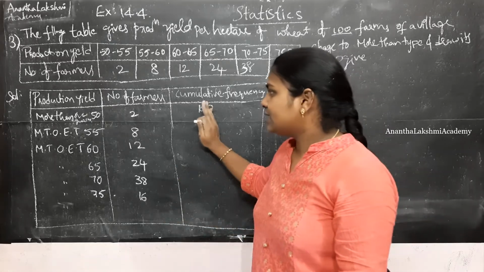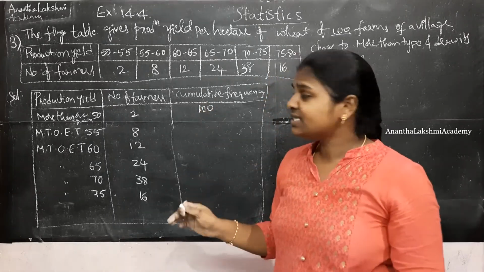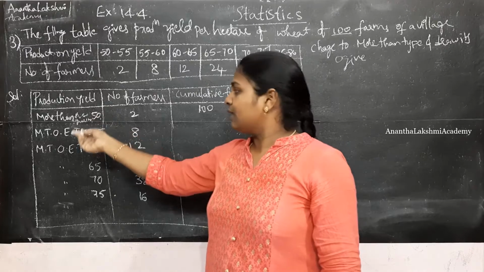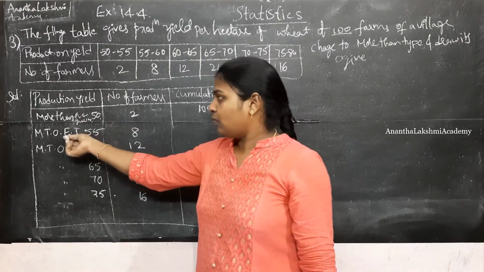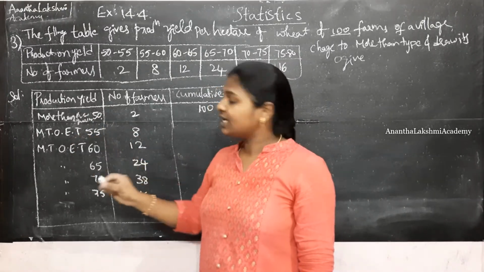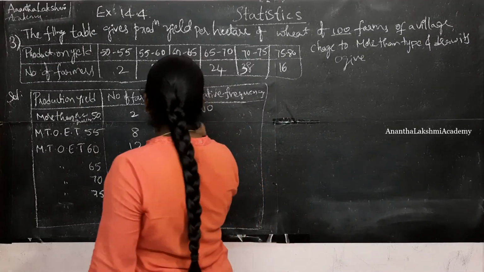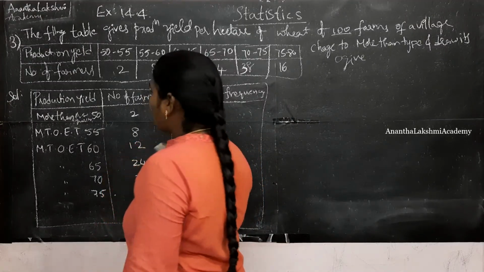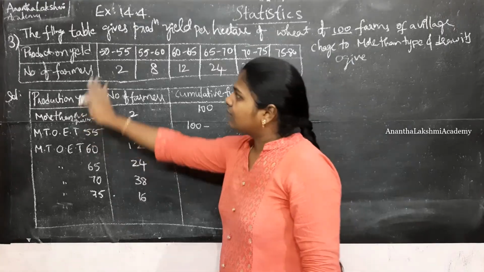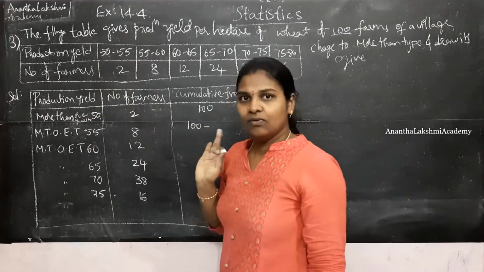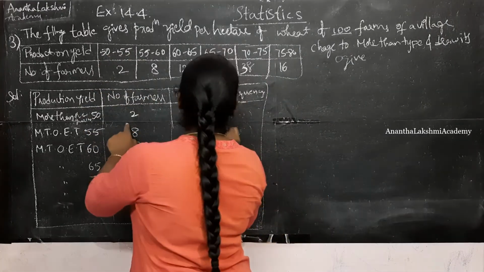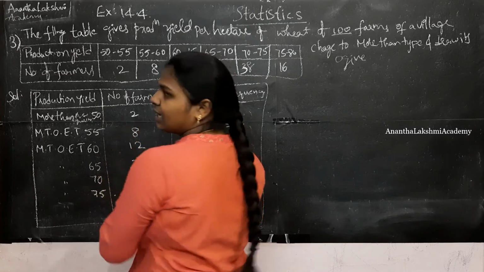Now we know what is more than or equal to 50. We want to know more than or equal to 55. For that, we need to subtract the ones which are available from 50 to 55. That is nothing but 100 minus 2, 98.